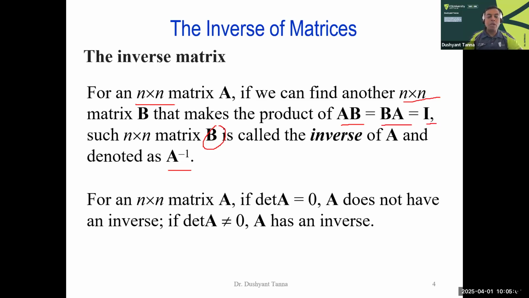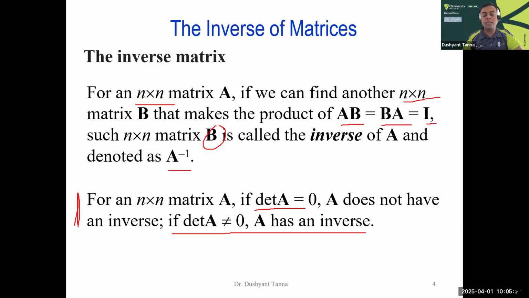Another thing that you must check prior to starting the process of finding the inverse is the determinant of A. If the determinant of A is non-zero, then only does the inverse exist.